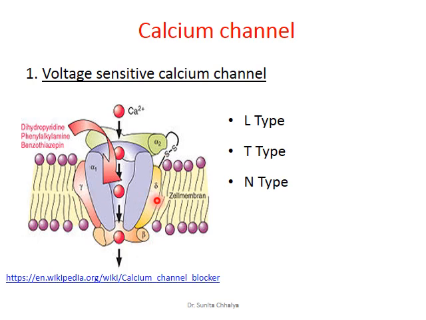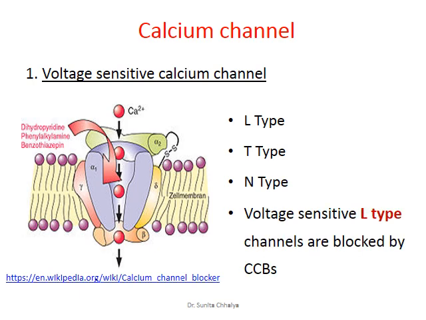There are different types of calcium channel blockers which bind with the alpha subunit, but in the alpha subunit the binding site of different calcium channel blockers is different, and due to that there is a slight variation in the response of different calcium channel blockers. So almost all the calcium channel blockers basically block the voltage sensitive L type of calcium channel.